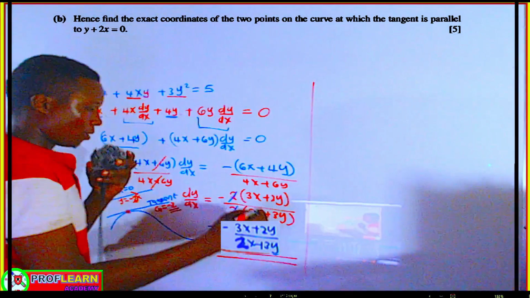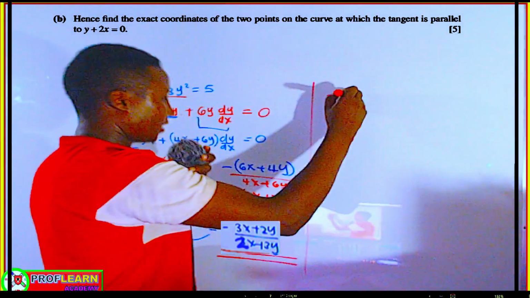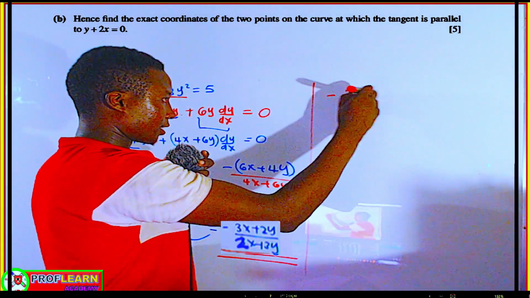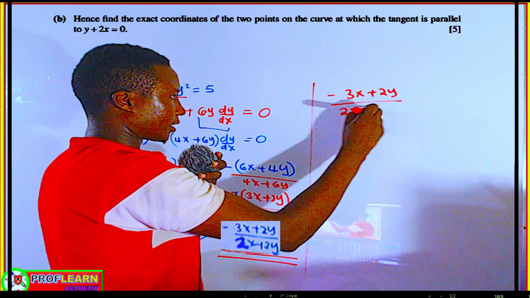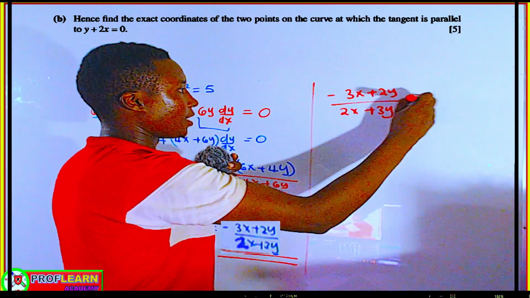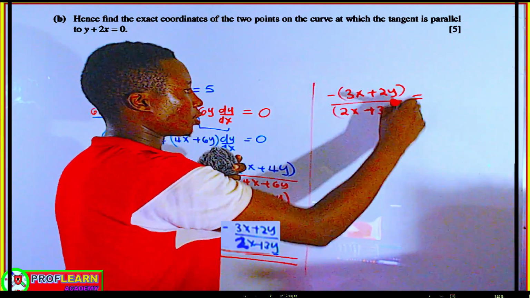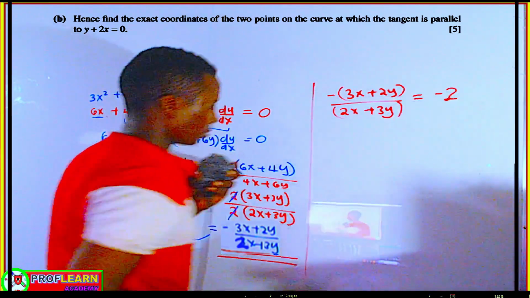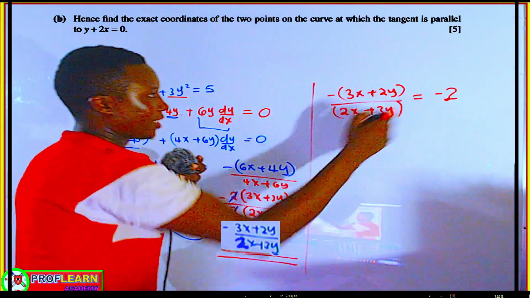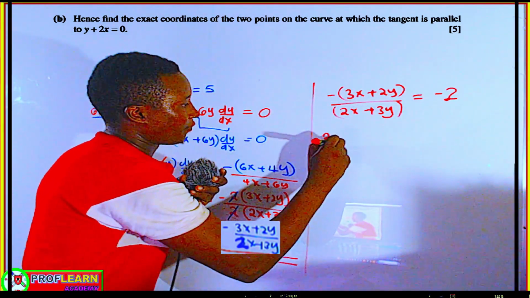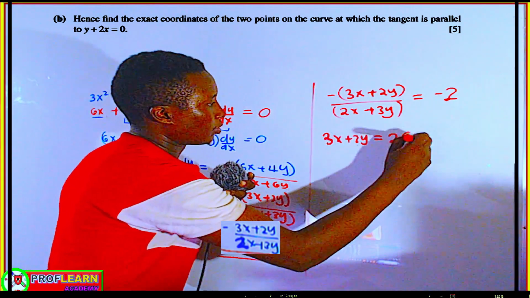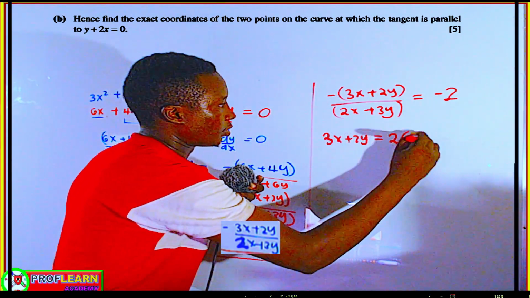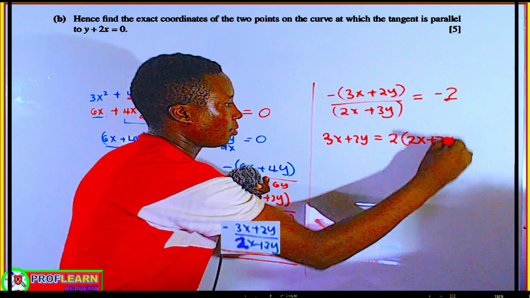So here we are going to say therefore negative 3x plus 2y over 2x plus 3y is going to be equal to negative 2. This negative will cancel out, and we shall have 3x plus 2y is equal to 2 into 2x plus 3y.